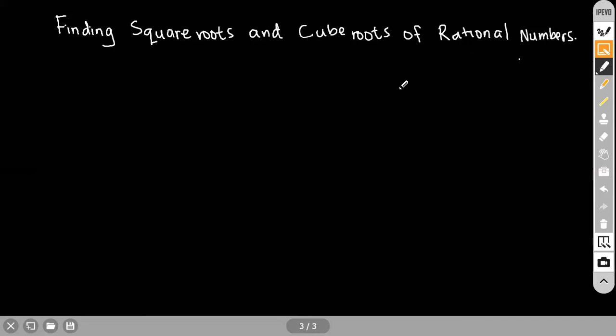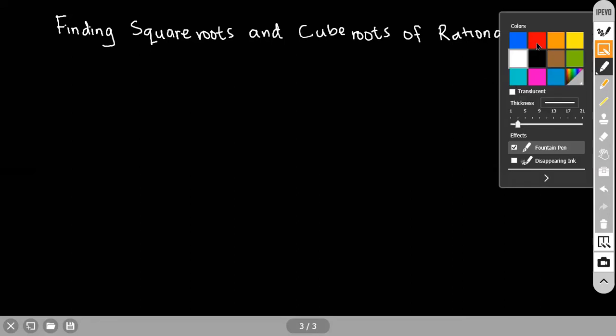So for now, we are going to look at how we can find the square roots and cube roots of rational numbers. And we are going to be looking at different methods, but for this lesson, we are going to use factorization.